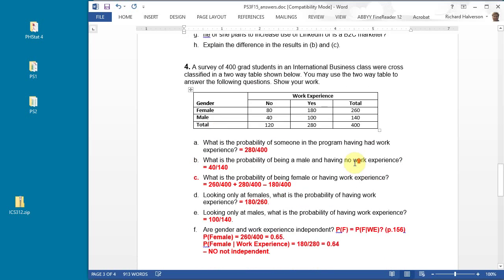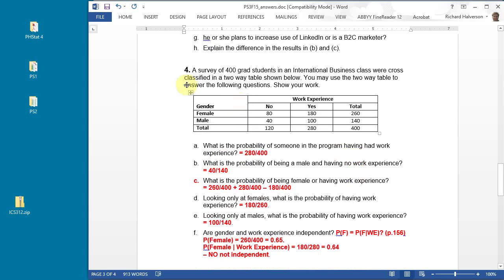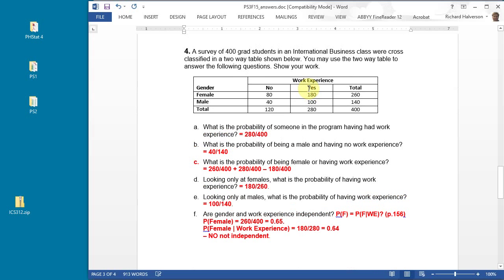So I'd like to go through problem number 4 in my assignment. I think this was also a problem in the other classes, so this is a good one to go over.